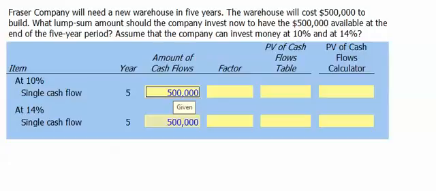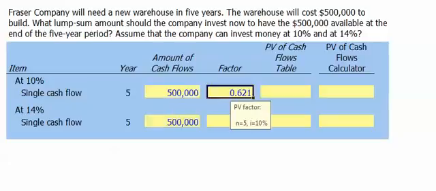Let's consider the 10% case first. Since we're talking about a single lump sum cash flow of $500,000 in 5 years, we need to find the present value interest factor for 5 periods at a 10% interest rate. That factor is 0.621.